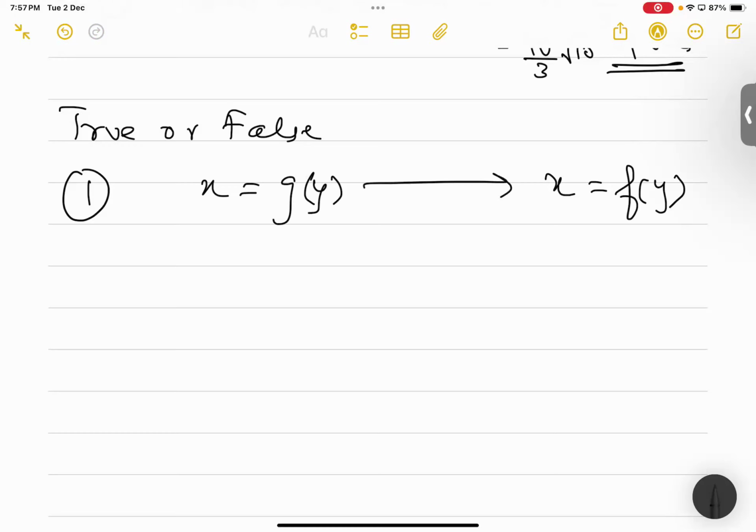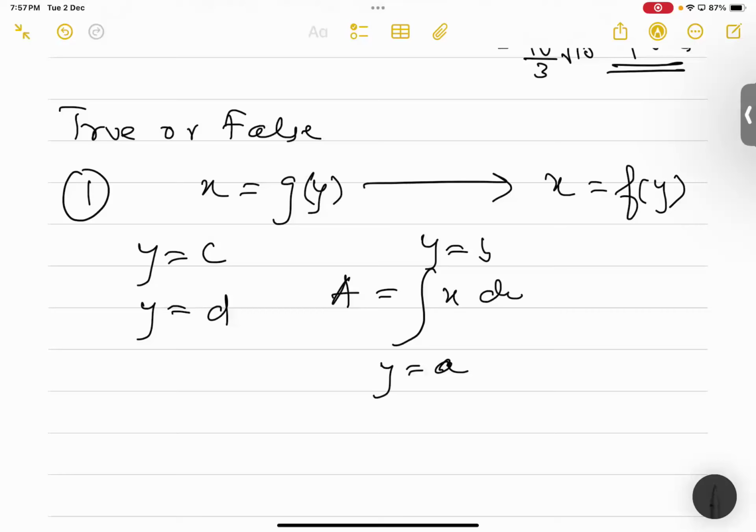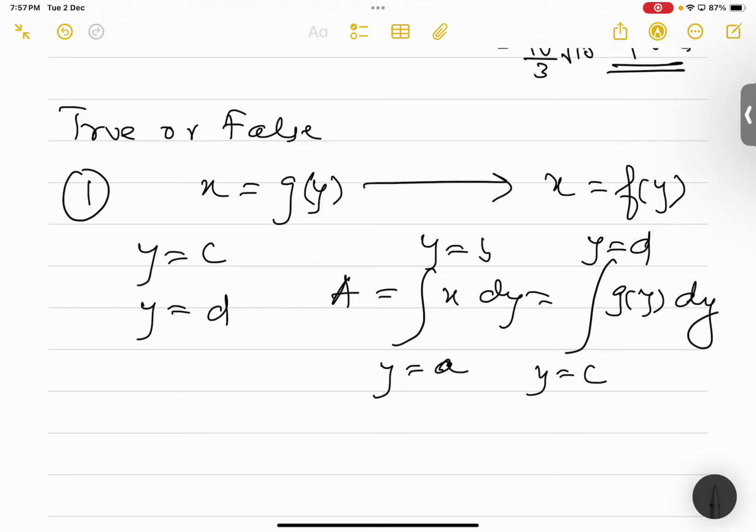And the lines are given as y is equal to c and y is equal to d. So which formula will we use? Integral from y is equal to a to y is equal to b of x dy, right? Now what is a? a is c. What is b? b is d. What is x? A function of y. So instead of writing f of y, we'll write g of y dy. So is the question correct? It's true, right?